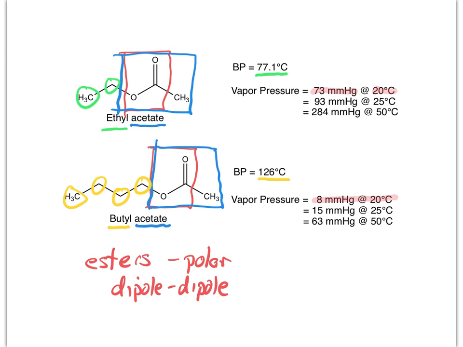If we go up to a higher temperature, ethyl acetate has a vapor pressure of about 284 millimeters of mercury at 50 degrees Celsius, while butyl acetate only has a vapor pressure of 63 millimeters of mercury at 50 degrees Celsius. So at all temperatures, ethyl acetate has a higher vapor pressure than butyl acetate.